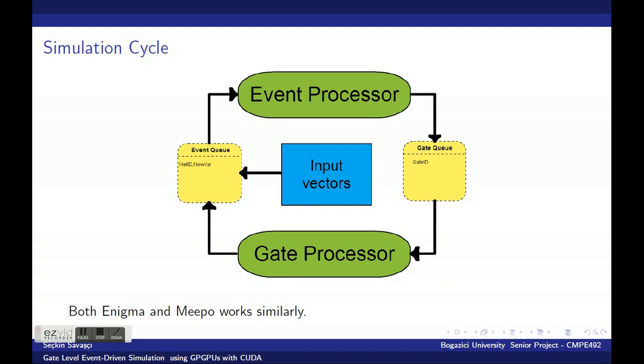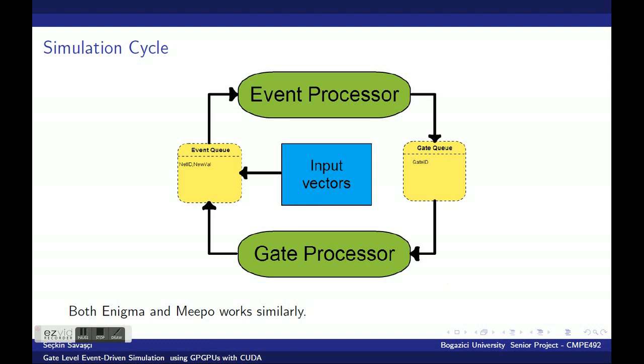So it creates a gate queue and populates it. Then it passes to the gate processor, and the gate processor, as you may guess, processes those gates and says that, oh, this gate's output has changed, so I should change that net's value, and I should create more events and fill the event queue. And it goes like that. It's a quite simple loop.